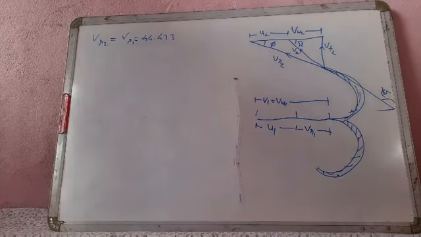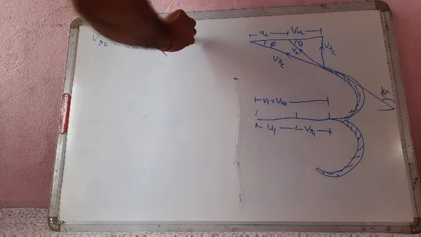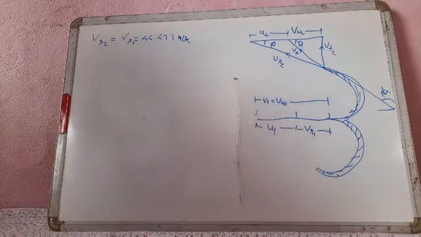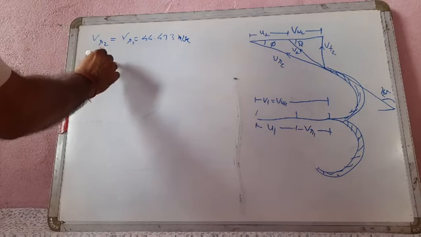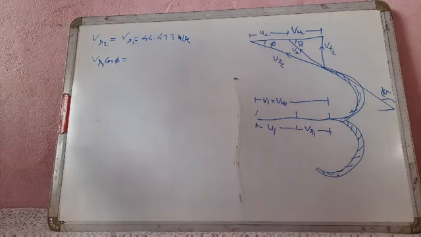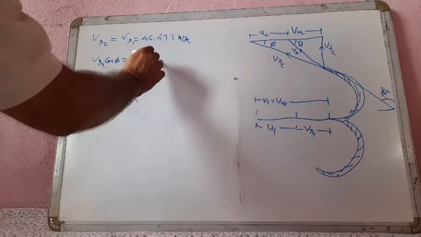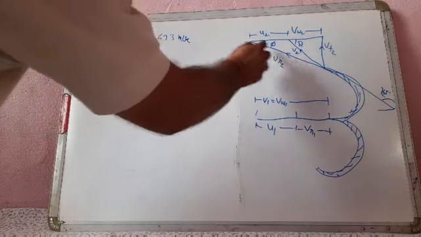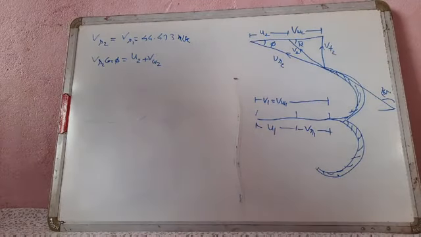Now Vr2 equal to Vr1 equal to 44.473 meter per second, and next, Vr2 cos phi equal to U2 plus Vw2, from this outlet velocity triangle.